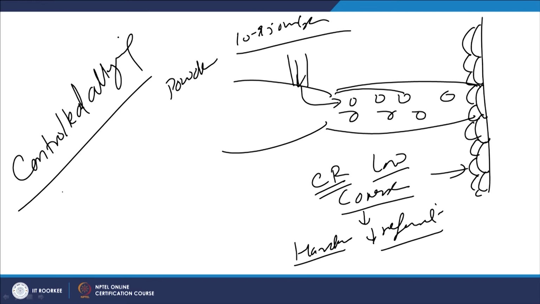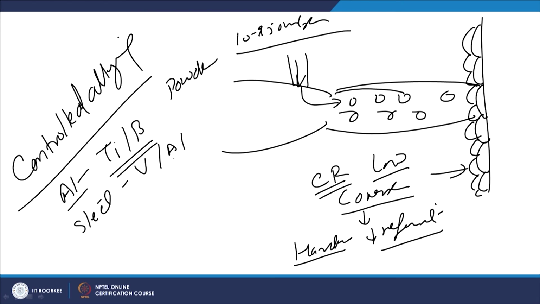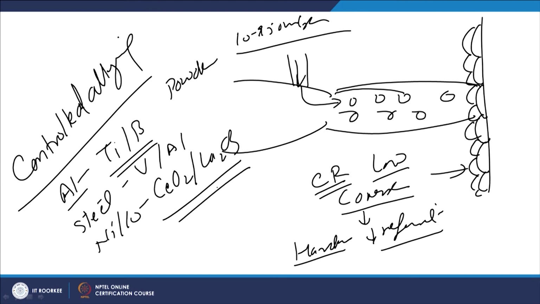There are various alloying elements. For aluminum base materials, titanium and boron kind of elements are used as a refiner. For steels, vanadium and aluminum are used, and for nickel and cobalt based systems, even cerium oxide and lanthanum oxides, like rare earth materials, can be used as a refiner.